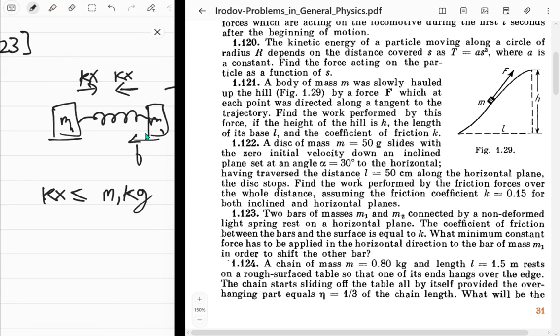Come on, think about it. Once you have this extreme process, whenever this kx becomes equal to m1 kg, this will start moving, right? So up till that point, this will have gained some kind of kinetic energy.